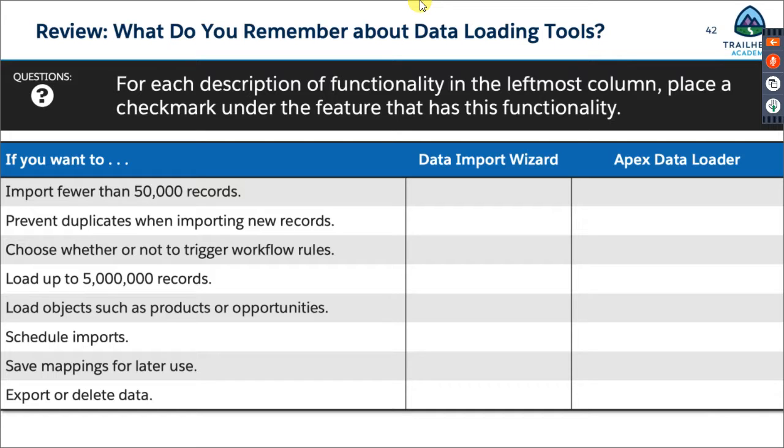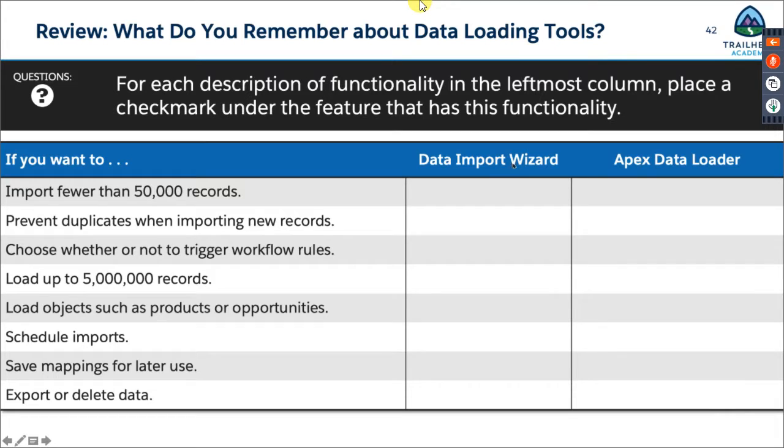For standard objects, for example the account, there are two fields: the account name and the account site. If both of them are duplicates of another record, then we'll prevent that. API tools only allow you to check for duplicates with the ID or something that we call the external ID.